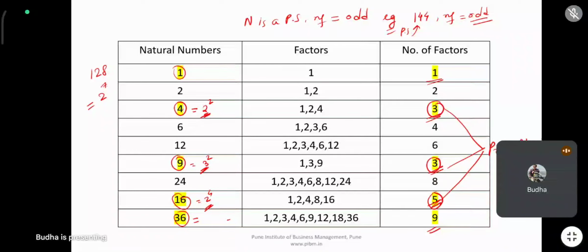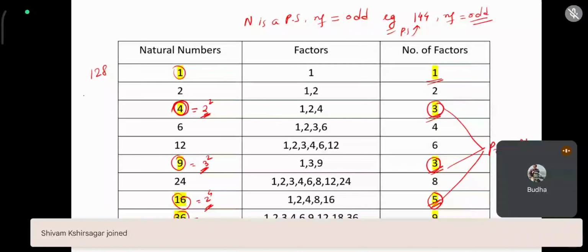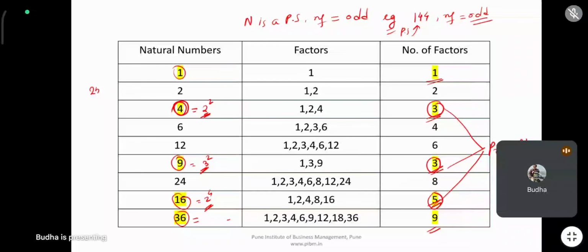Our necessary condition was that it has to be a perfect square. So the power came as 7, meaning it's not a square, so I need something which is a square. Say 256. 256 is nothing but 2 raised to power 8. Means it's a perfect square. Correct? Yes or no?